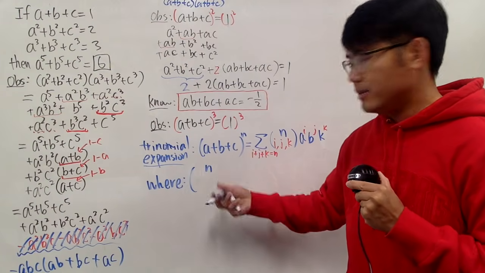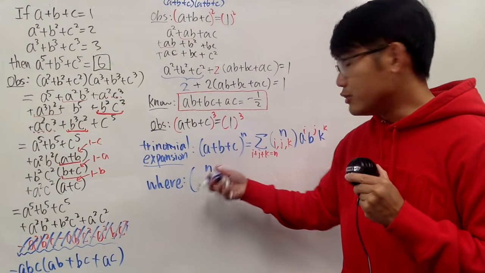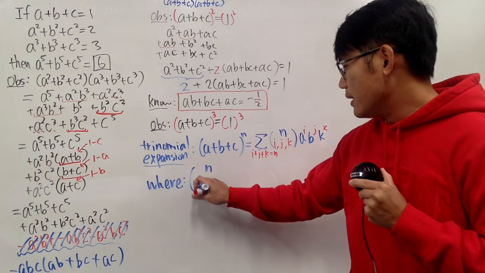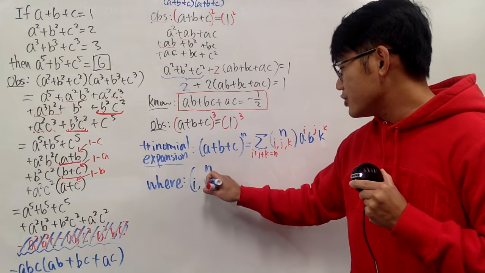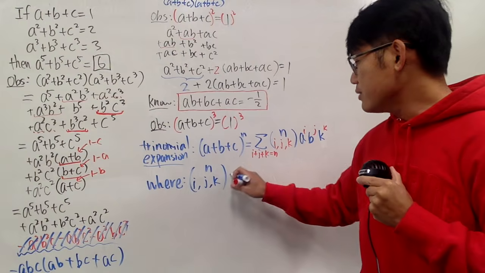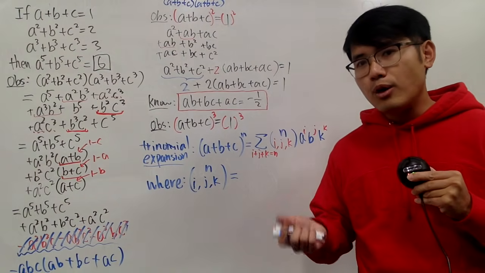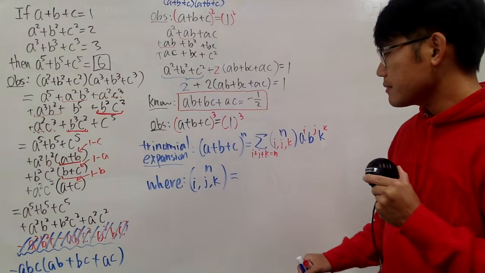I don't know how to say this, like n choose IJK, but I'll just put down n over IJK. To compute it, it's really similar to the binomial coefficient.